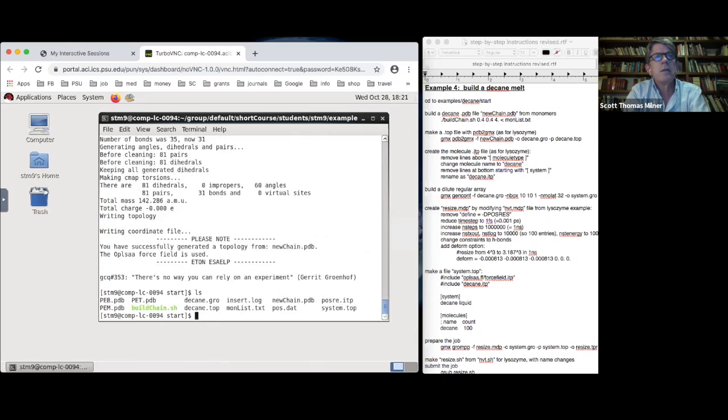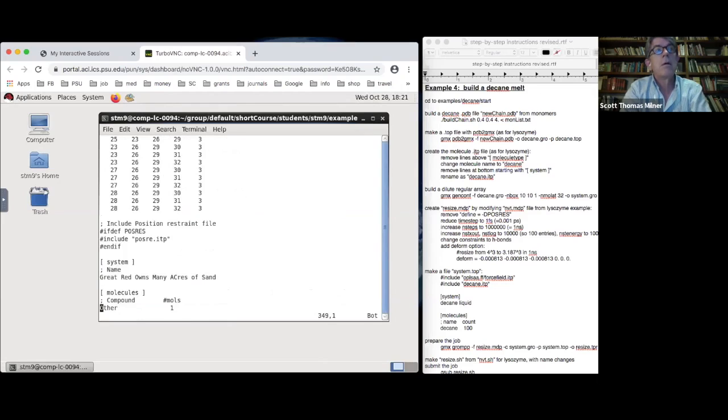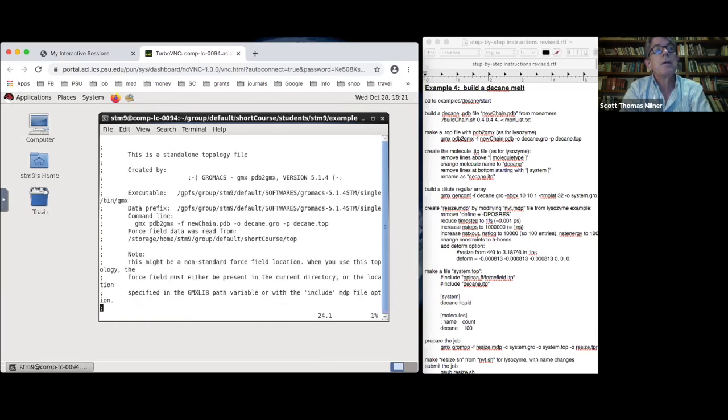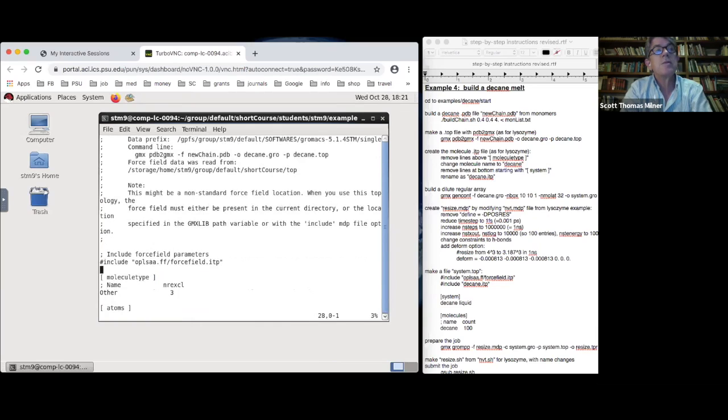Everything looks good. Let's look at Deckhane.top because I want to pull some stuff out of that file. Okay, good. So the very top of it is set up to be a standalone topology file, which I don't really want. So I don't read in this, and I change this name to Deckhane.